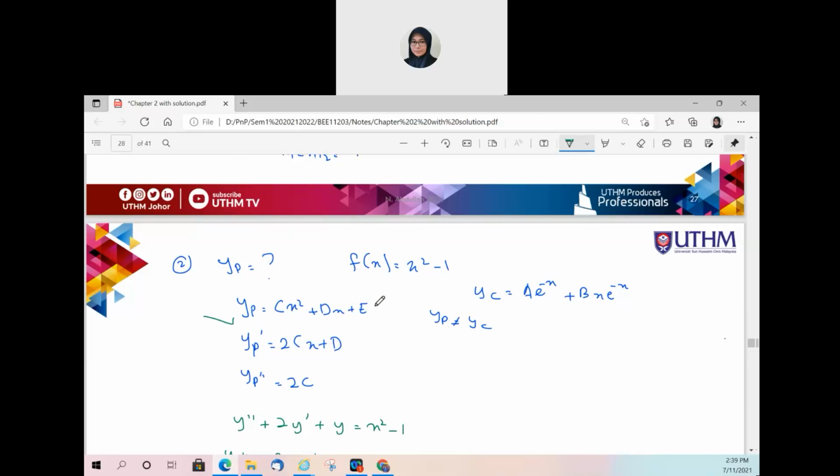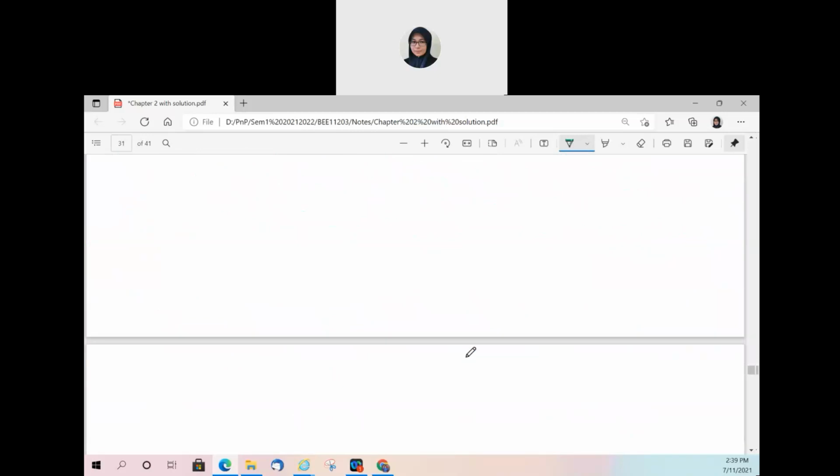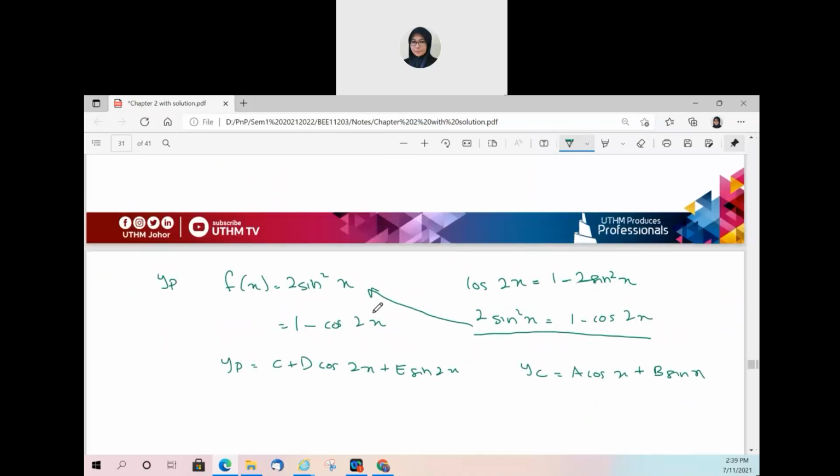Kita nak tengok pattern dia je. So this one also we want to see the pattern. Dia cos is trigonometry and then what inside here? X ke 2x ke apa nilai dekat depan sini. Kita akan guna dekat sini.